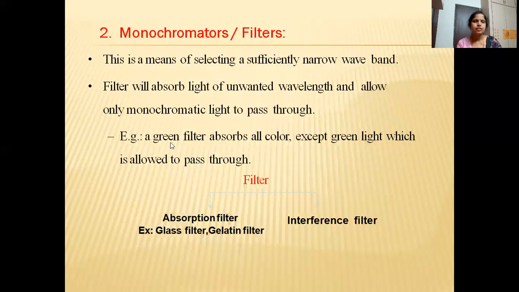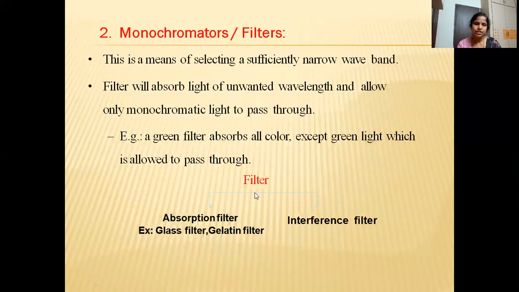Suppose we are using a green filter; we have different colored filters present in the colorimeter. A green filter absorbs all the colors except green light, which is allowed to pass through. Except green light, all the other colors are absorbed, and that green light is made to fall on the sample.